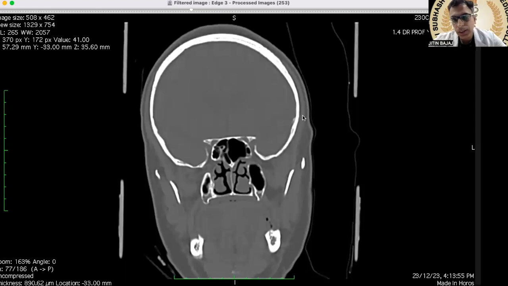One should see all scans, particularly the coronal sections, because when we are operating endonasally, you should see how the turbinates are, inferior, middle, and superior. Are there any extra cells, any abnormalities, and any deviated nasal septum?